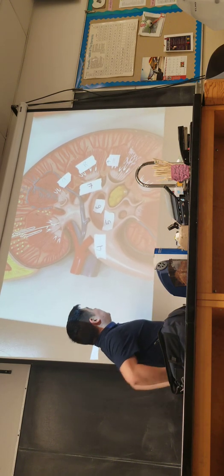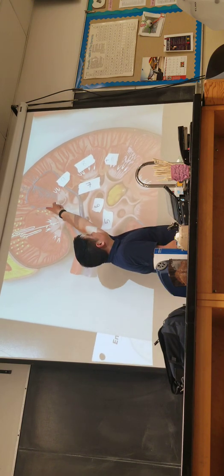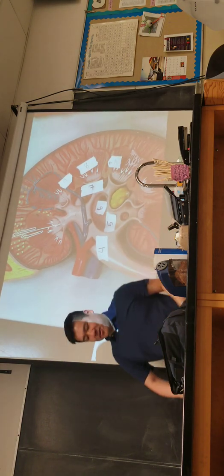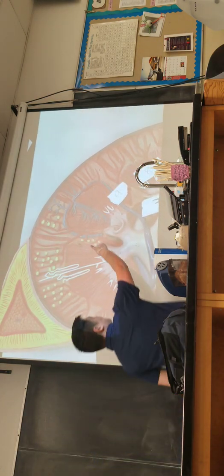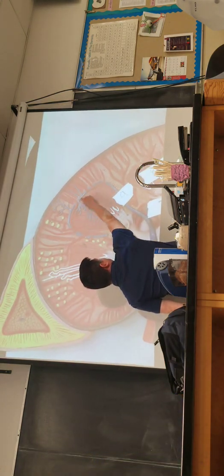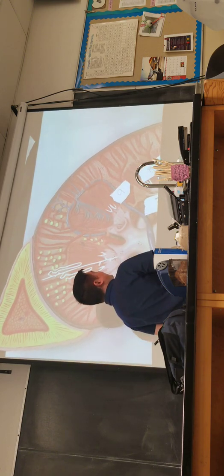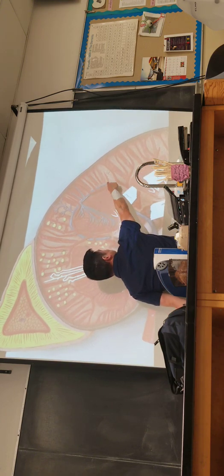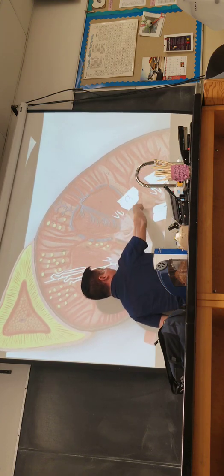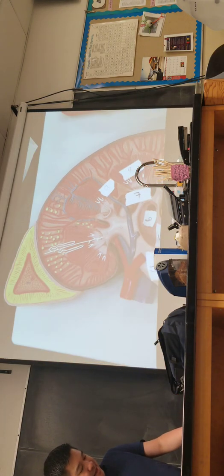The next one, segmental artery. Interlobar. Lobar. Arcuate. Interlobular. Okay, what if it's the blue one? Interlobular vein. Arcuate vein. Interlobar vein. Okay, then we just end there.